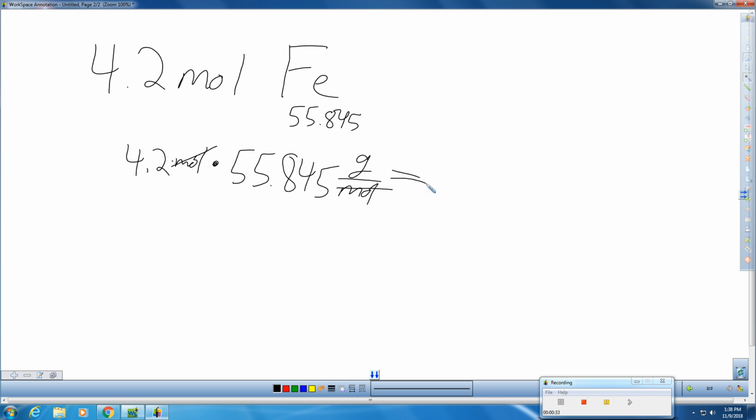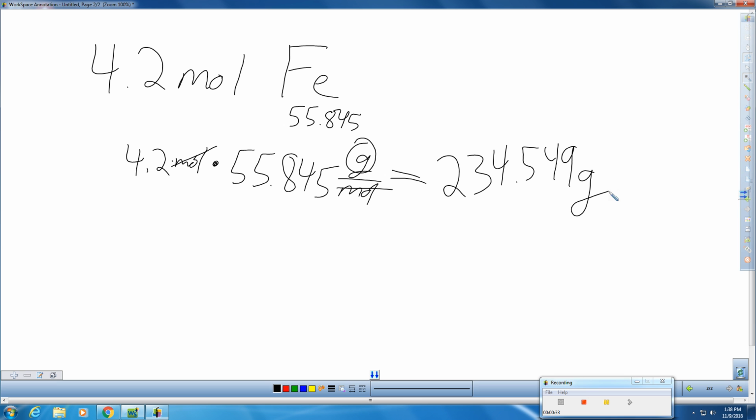It'll be something like 234.549. And my units are grams, right? Easy. So when we have a number of moles, we can very quickly and easily convert to mass for a substance. When it's just a single element, that's the easiest case possible.